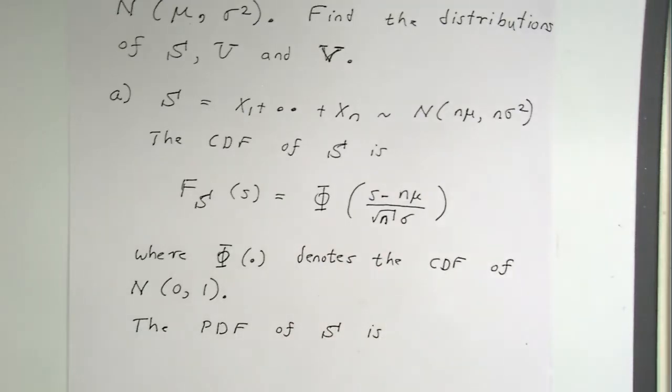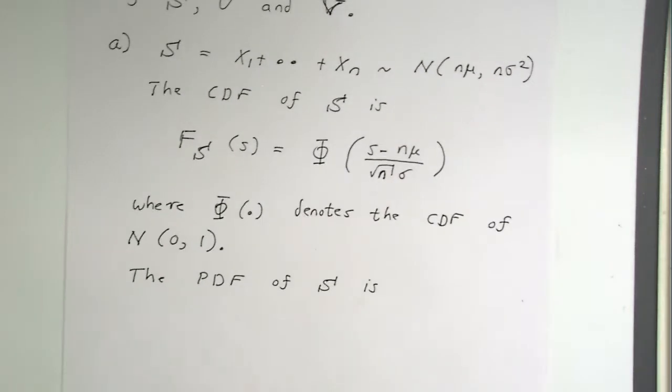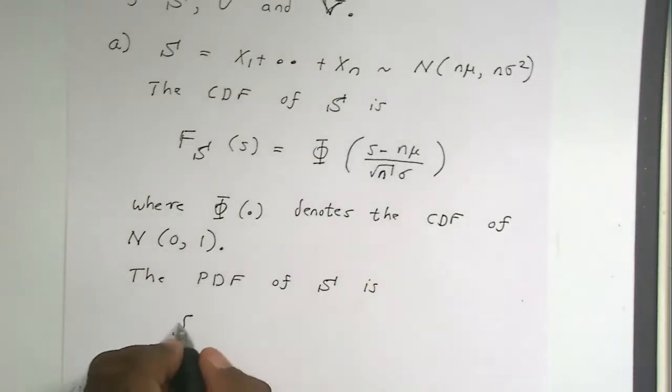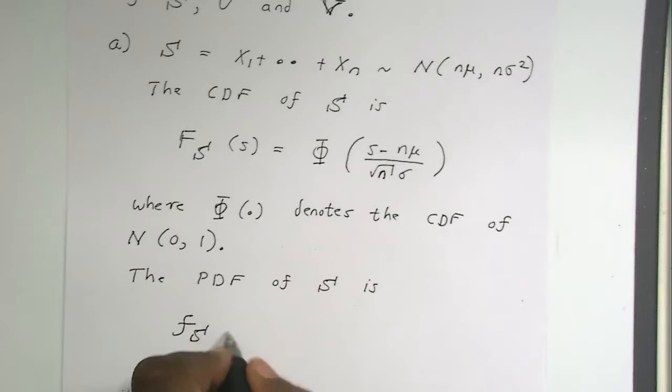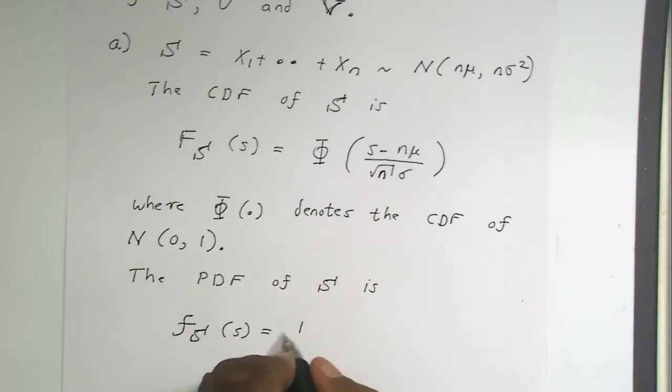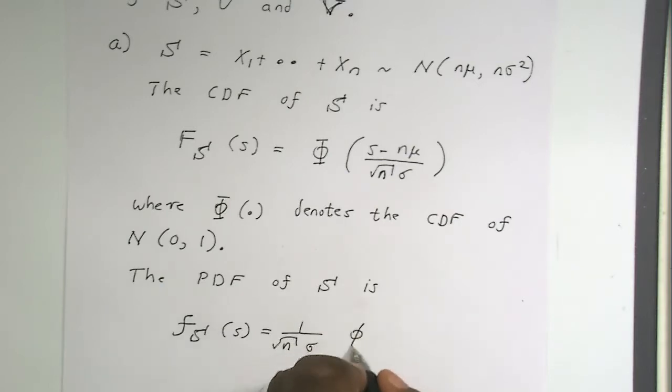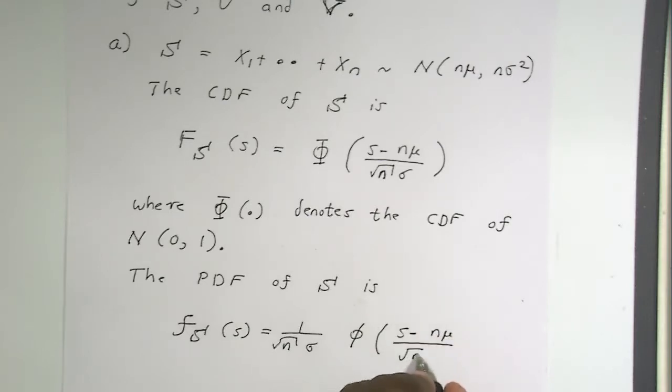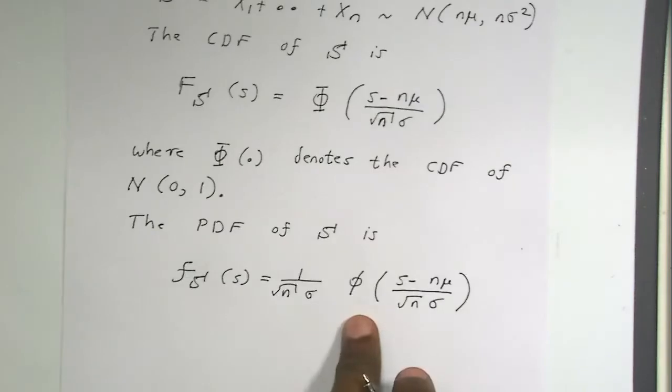The PDF of S is the derivative of that, which is 1 over, and here little phi denotes the PDF of the standard normal.